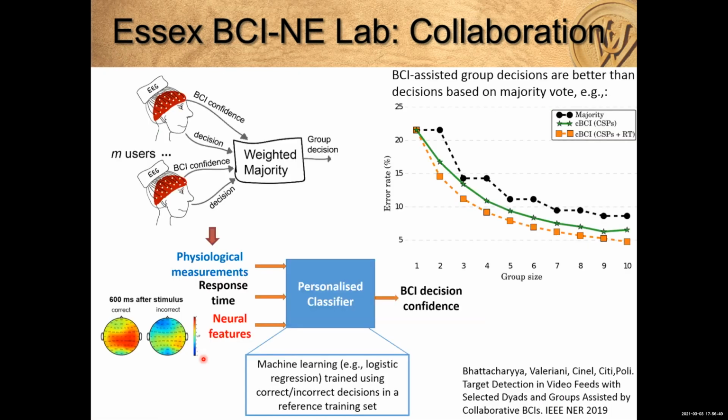They found that if you use machine learning to train the BCI to give you a good confidence estimator, then such brain-computer interface assisted group decisions will result in a lower error rate than if you just run a majority vote across all of the participants.